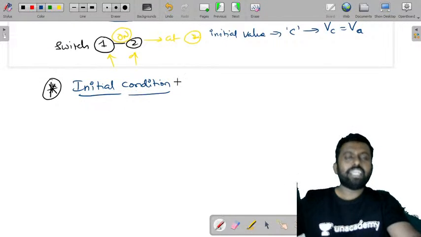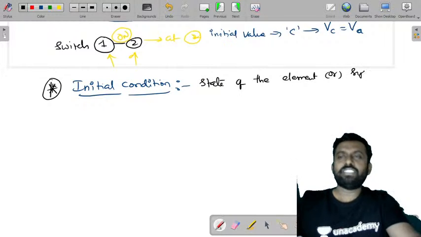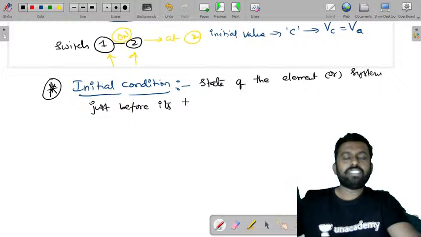What is the initial condition? It is the state of the element, or the state of the system, just before its state change.